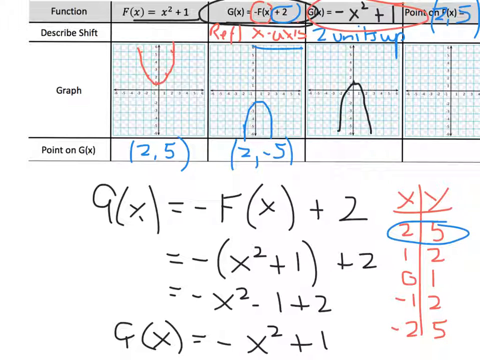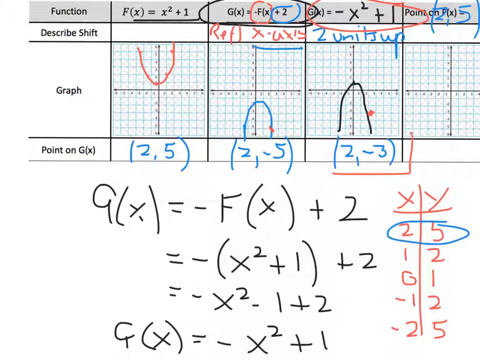Well, 2, negative 5 is down here, and it's on the graph. And then we get shifted plus 2. So if you take the y value and shift it up plus 2, we get the point 2, negative 3. And that point, 2, negative 3, is there. And that's the final graph.